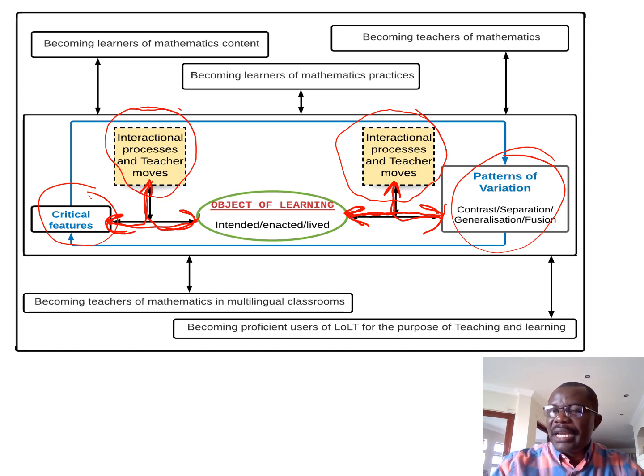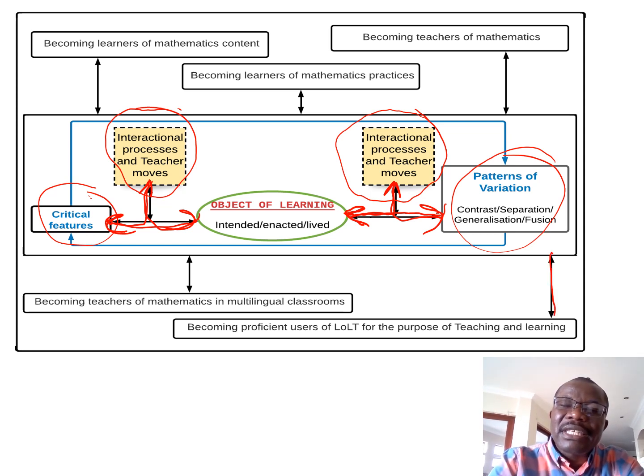Through the analysis of the use of the examples and the interactional processes, we can see how the different layers involved in teacher education are either attended to or not.